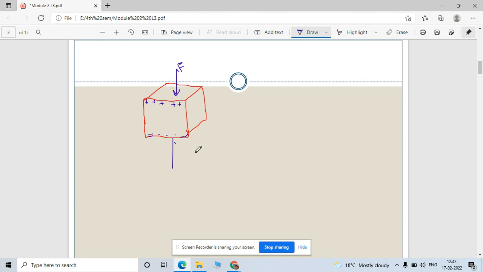This distance, which I consider here, is the thickness t. The force is applied on the top of the body, and accordingly this potential is created, right?